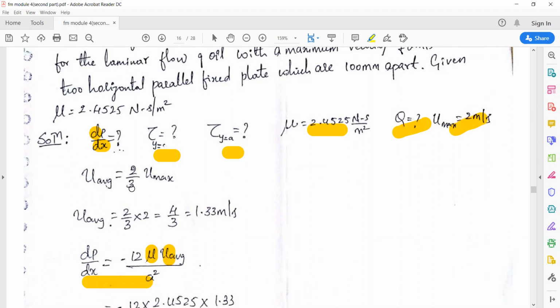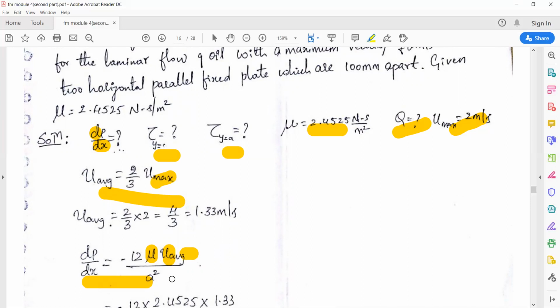In the derivation, we know u average by u maximum is equal to 2 by 3, or the ratio of maximum velocity to average velocity is equal to 3 by 2, or 1.5. So u average is equal to 2 by 3 of u max, and u max is 2. You'll get the value of u average.